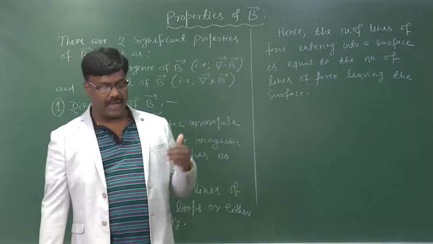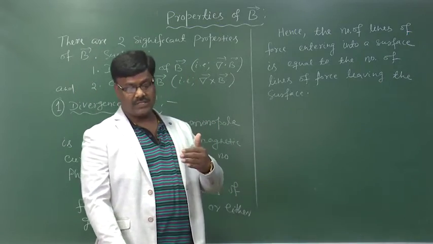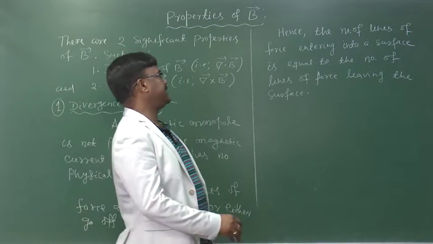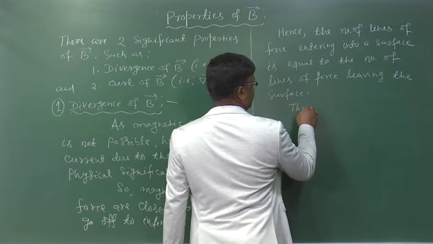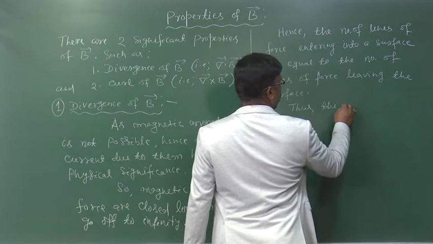Thus, the magnetic flux across any closed surface is 0.